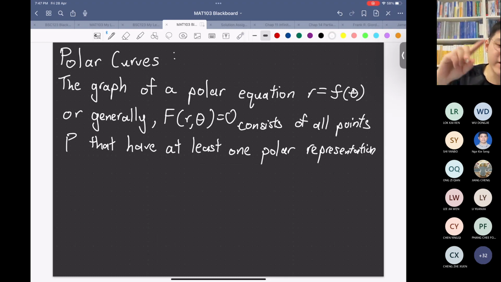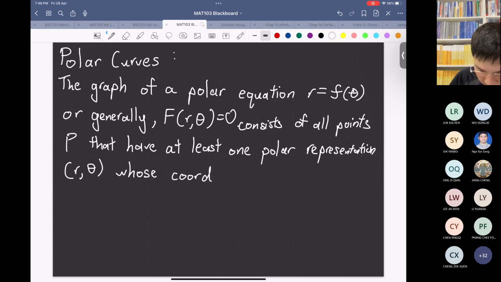Just now I showed you 4. If any one of the 4 satisfies this equation, then it is a point on this curve. If you can satisfy the polar equation, then you are a point of the curve.